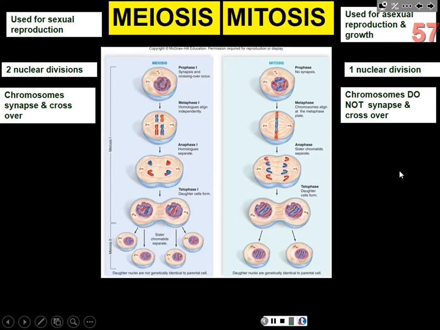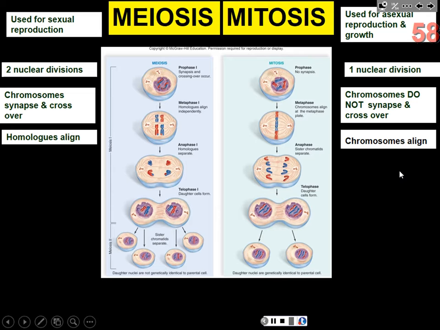This is the difference right here, guys. Huge difference. Pairs together right here so that pairs can separate. Here, the pairs don't care about each other. The chromosomes are lining up. Homologs align, chromosomes align.